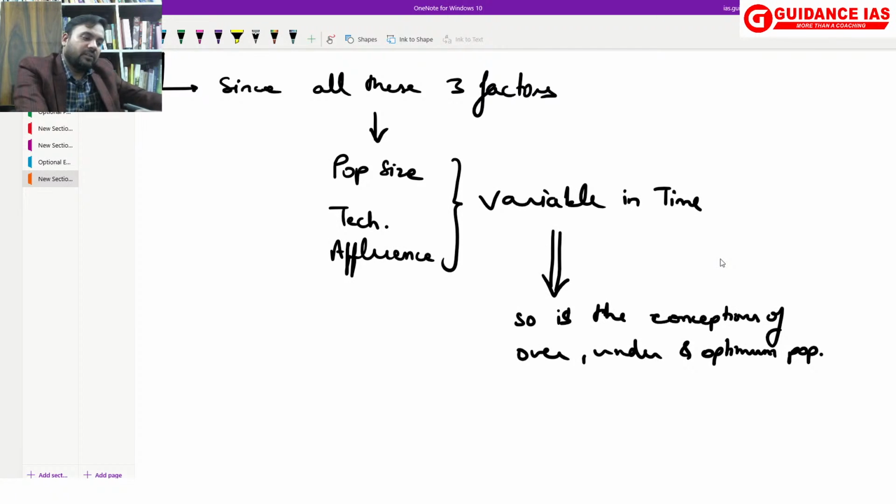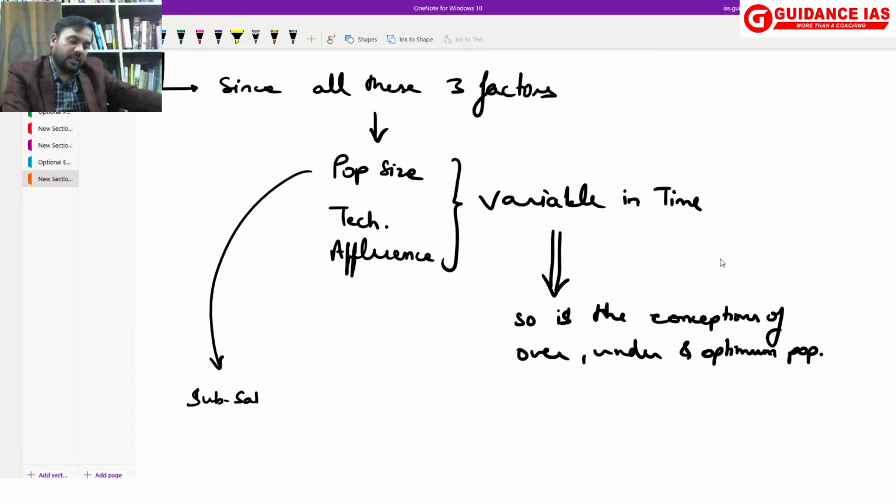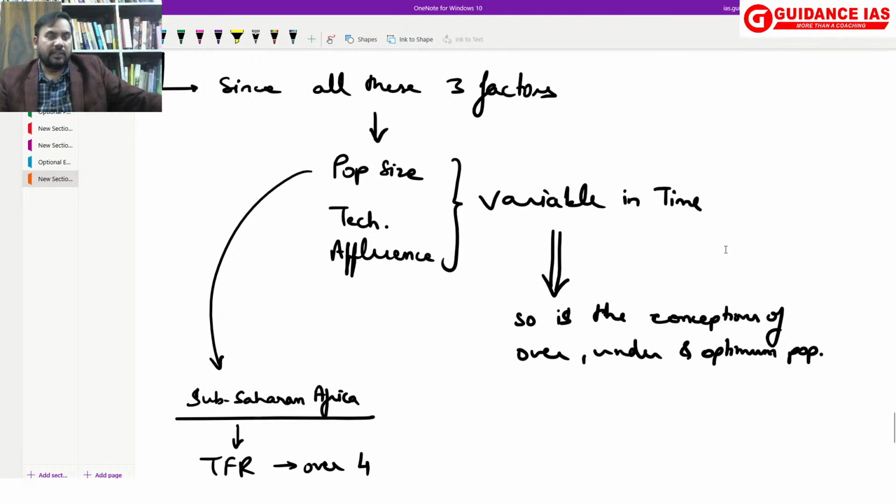Like for example, population size, an example has to be given. Suppose I talk about sub-Saharan Africa. We'll see that sub-Saharan Africa has today the highest TFR, a total fertility rate of over 4.